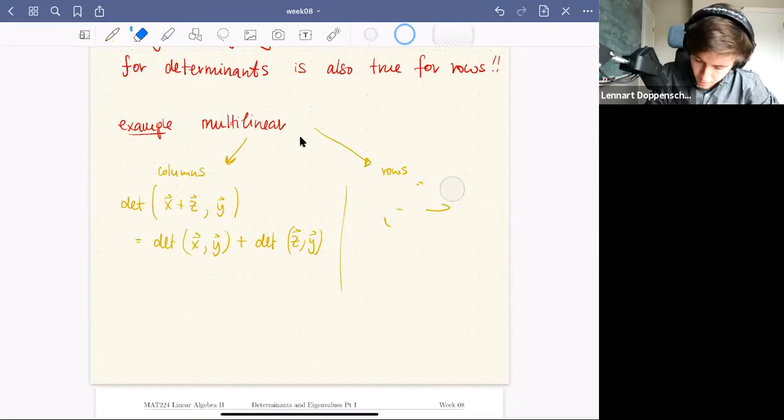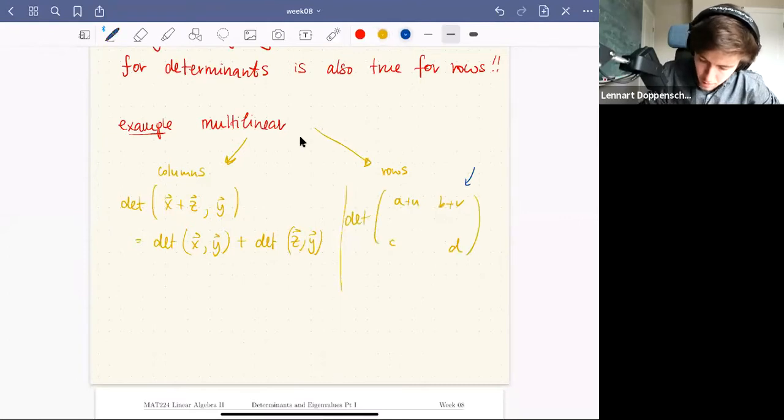So just imagine you have A, B, C, D, and then you have A plus U, B plus V. So then this is the sum of two rows, or two row vectors, I should say.